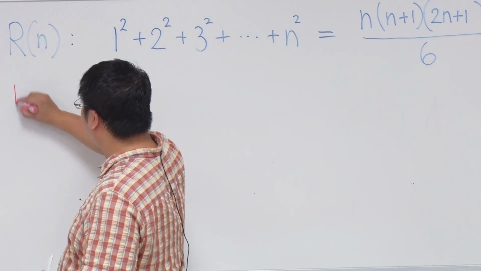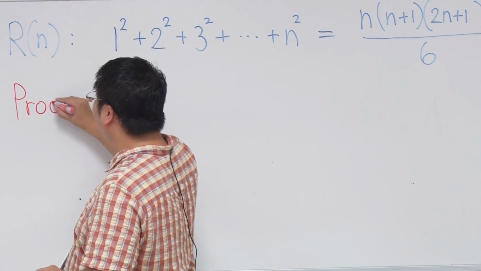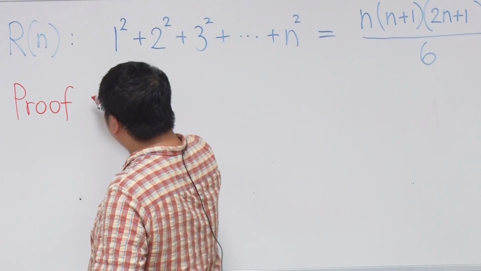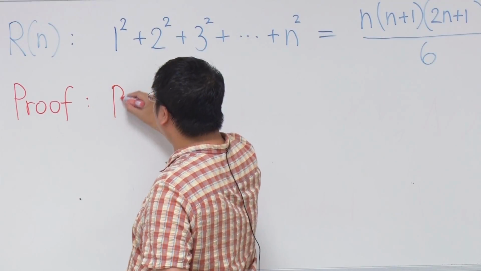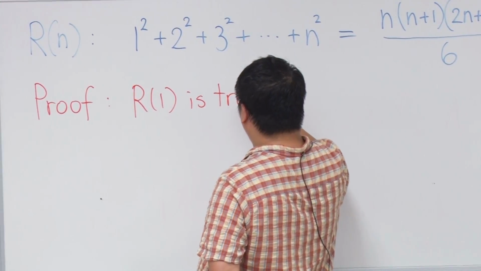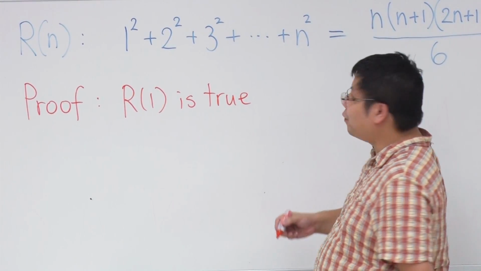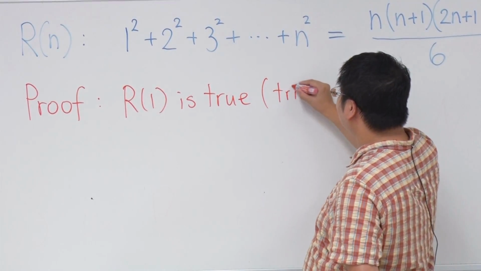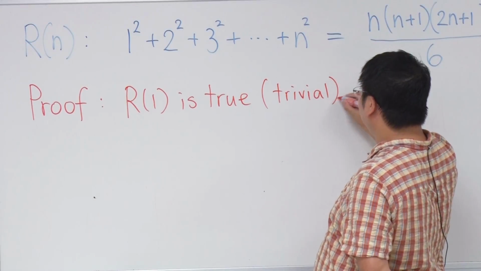So for the proof, we want to show that this is true for every positive integer n. The proof is like, OK, R1 is true. If you are lazy, you can just write down that this is trivial. You don't need to do anything.